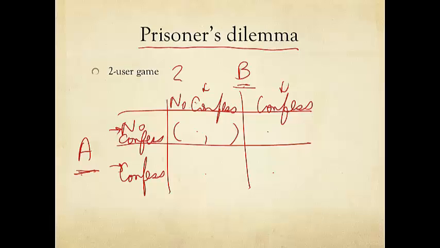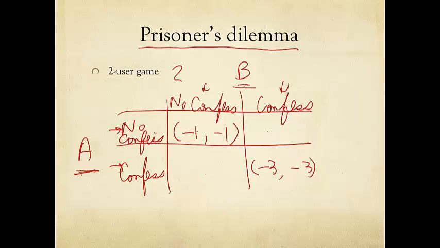So if they both decide not to confess, then the police can only charge them with a lesser crime, and they will each get, say, 1 year in prison. Whereas if they both confess, then they will be sent to prison for a longer term, say 3 years.